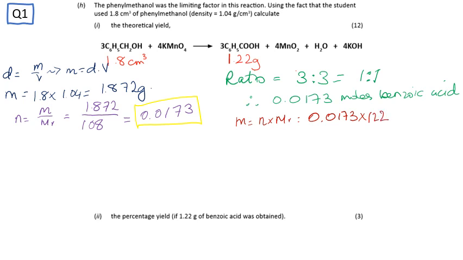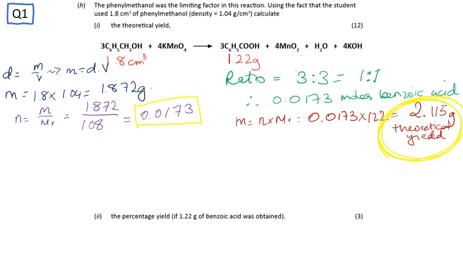You need to make sure that you show your calculation for that again. And that's giving me 2.115 grams. And that, ladies and gentlemen, is my theoretical yield. And that is what the question asked me for. So that's my final answer.